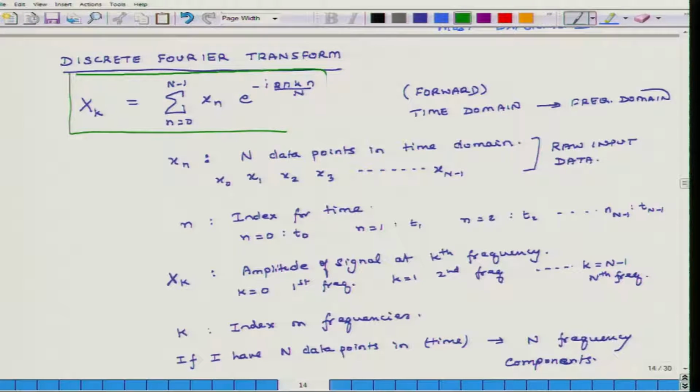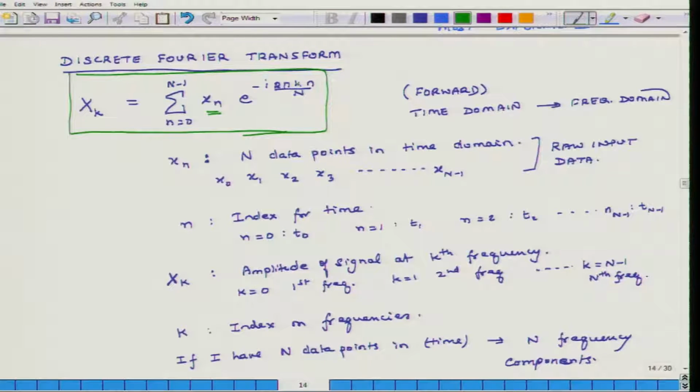The way we do it is, we first get all the values of x, and then we multiply x0 by e to the power of minus i 2 pi k times 0 divided by n, add it to x1 times e to the power of minus i 2 pi k times 1 divided by n, and so on and so forth.